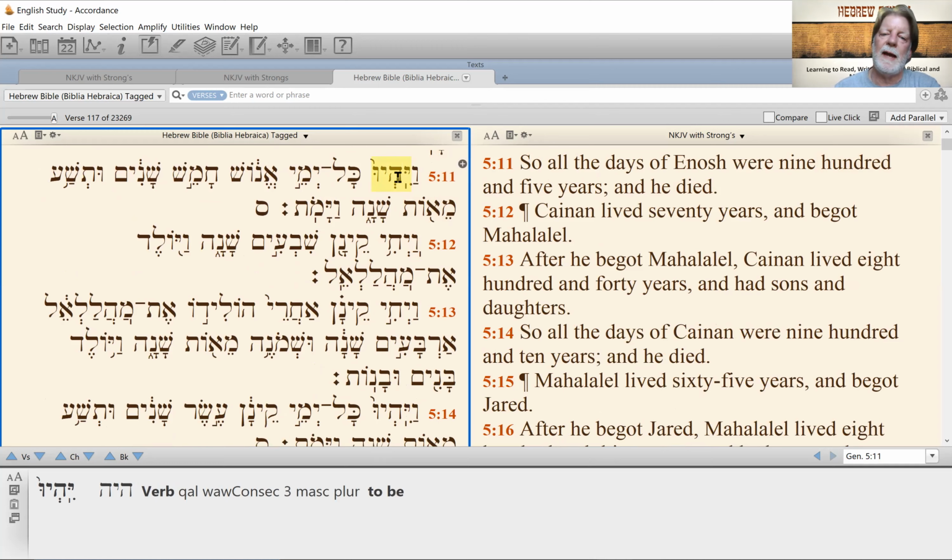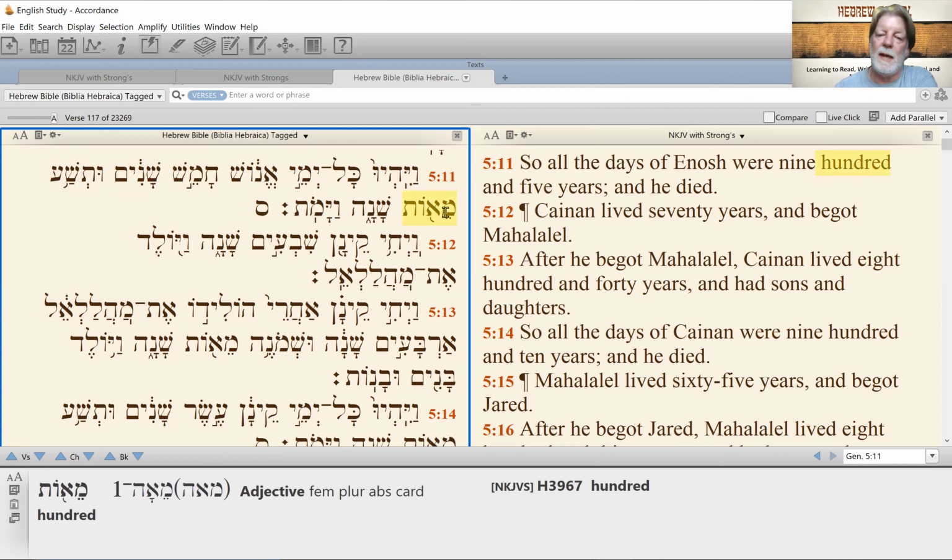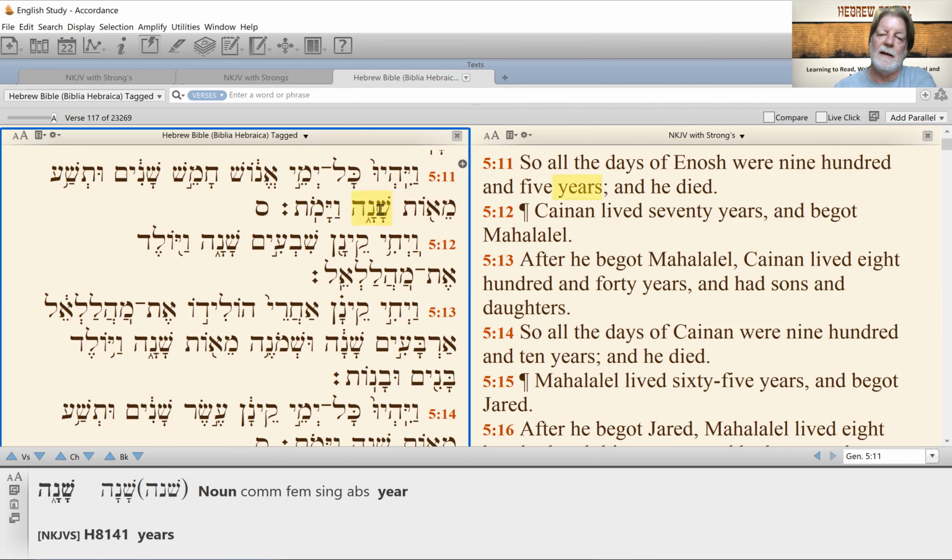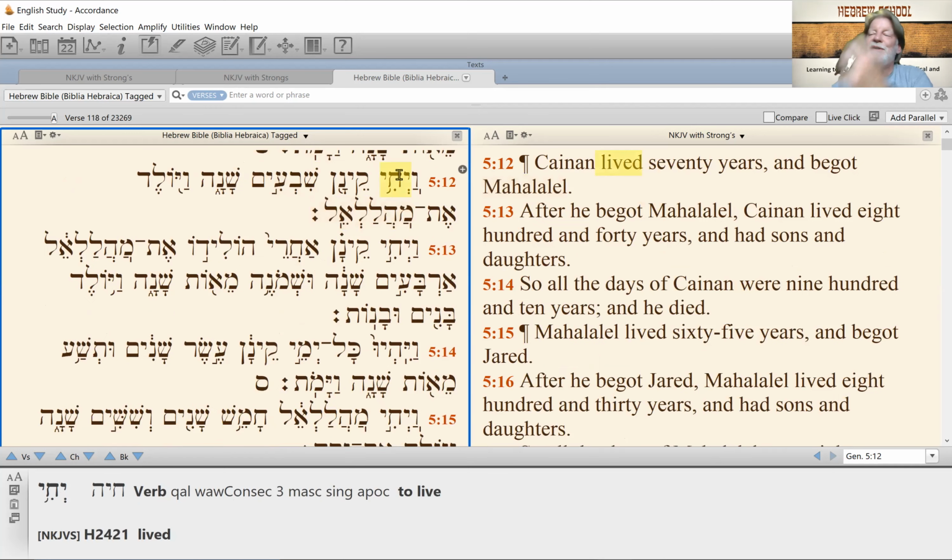And Yahi, and they were, Kol, all, Yamei, days, Enosh, all the days of Enosh, Chamesh is 5, Shanim, 5 years, Tesha, and 9, Meot, 100, Shana, years, 900, and what was that? 905 years. Vayamot, and he died. I wanted to tell you that was Vav consecutive again, but I'm going to quit doing that.